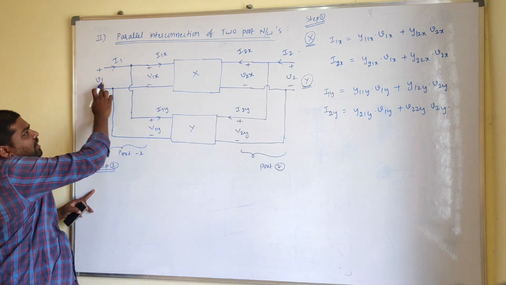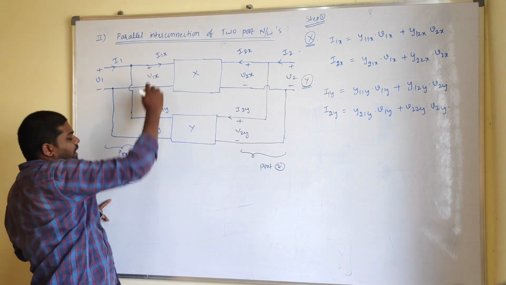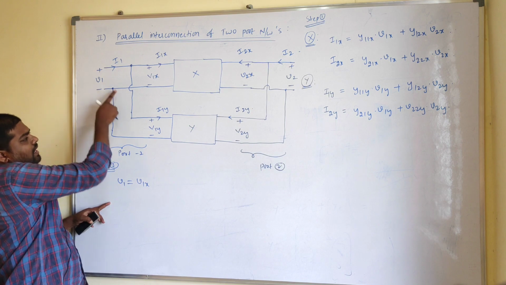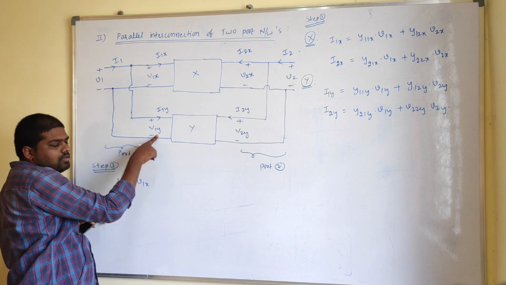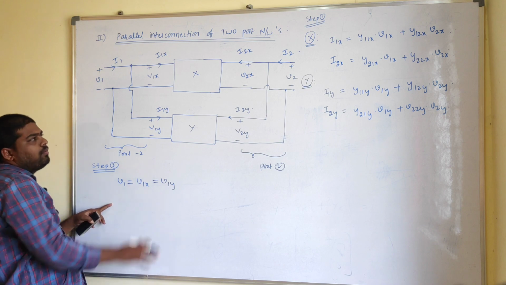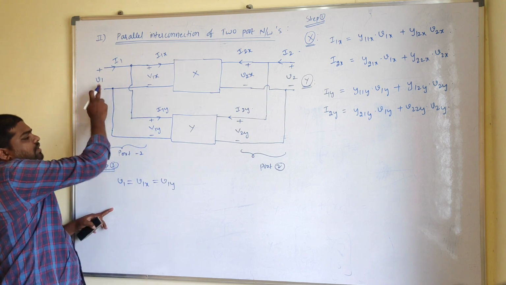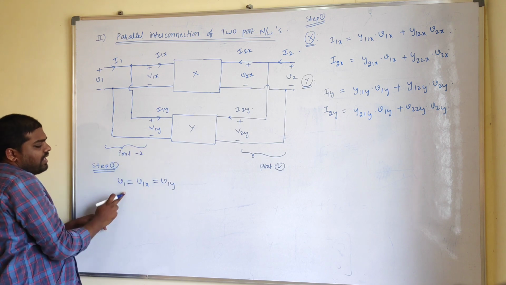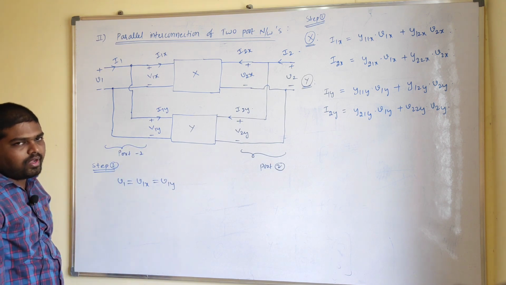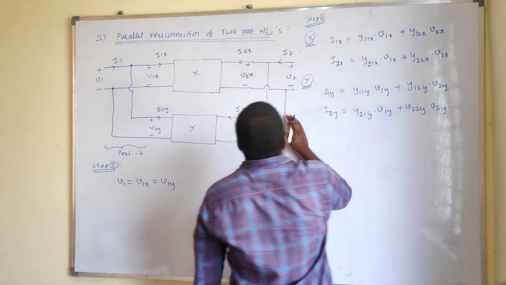V1 equals V1x, and V1 also equals V1y. From port 1 we can conclude that V1 equals V1x equals V1y. This is voltage, and in the same way you can observe at port 2 also.